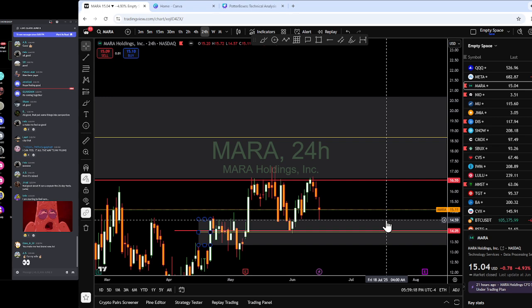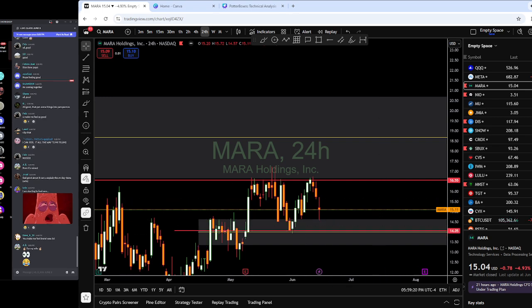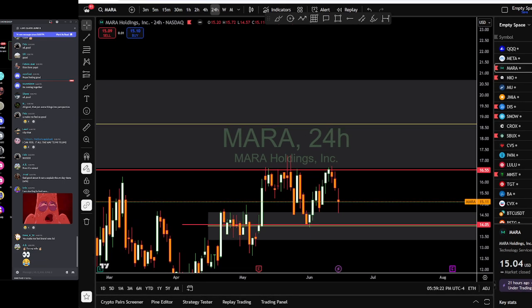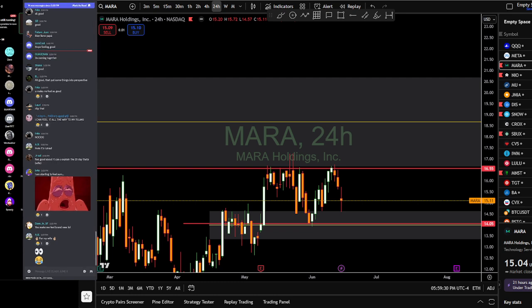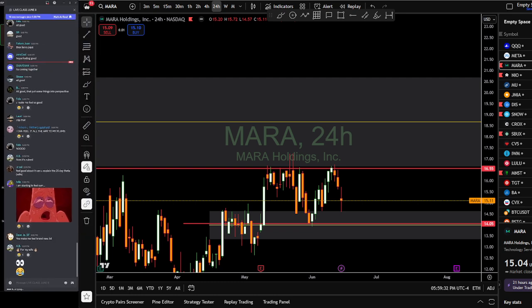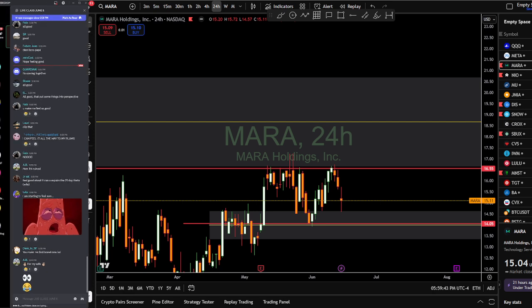Theta is measuring that time decay. It's saying, you had a month to get in the money, and now there's 25 days before this thing expires, either worthless or able to be utilized.